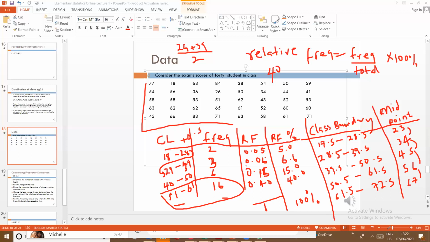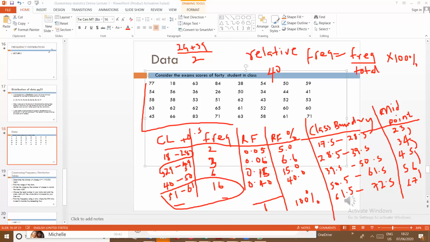We've also looked at the difference between population and sample. Then we've looked at data and how data is arrived at, and the types of variables. We've looked at quantitative and qualitative. Under quantitative we look at discrete and continuous. Qualitative, we have nominal and ordinal. Then we've also looked at their measurement.